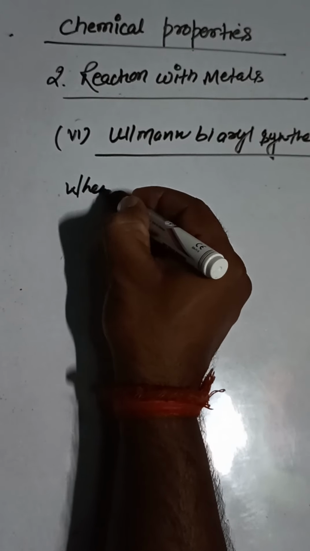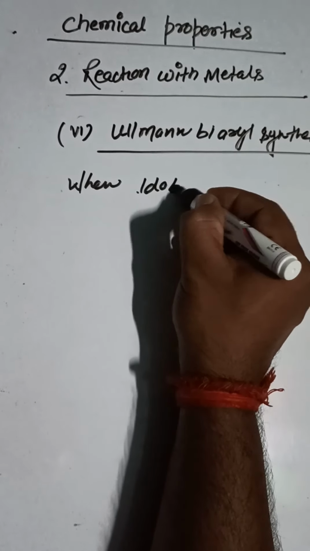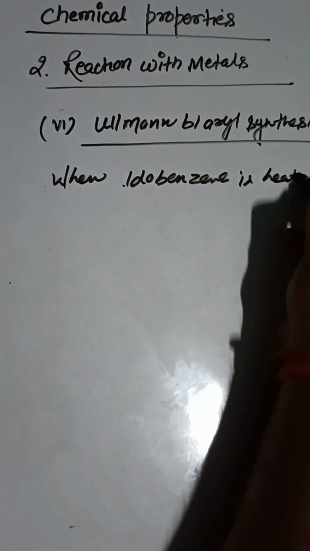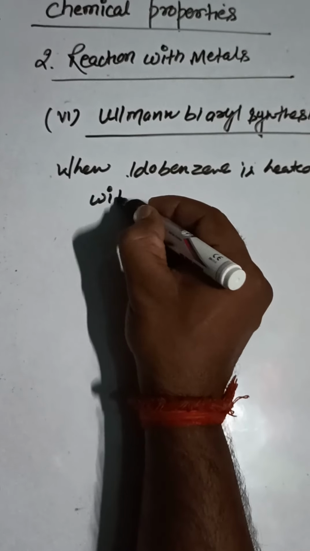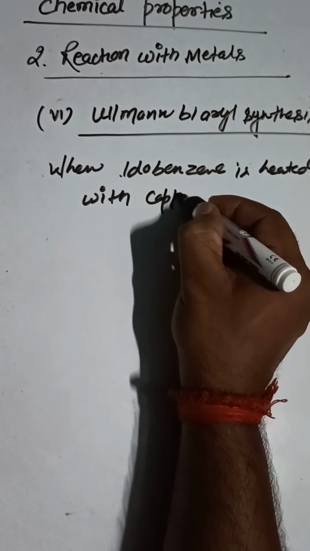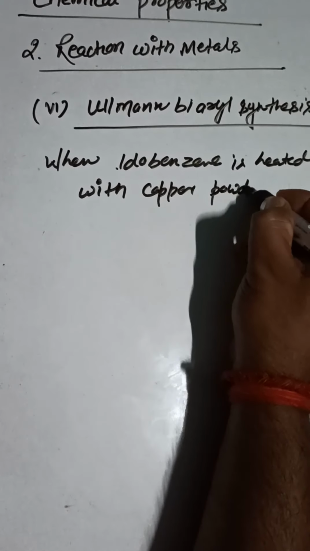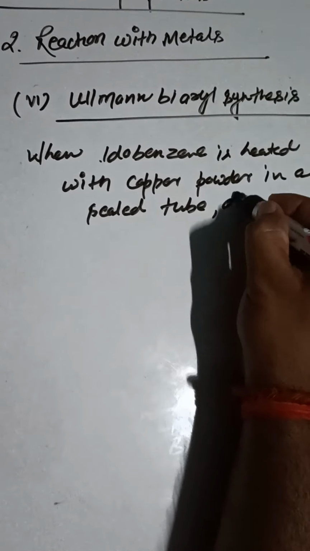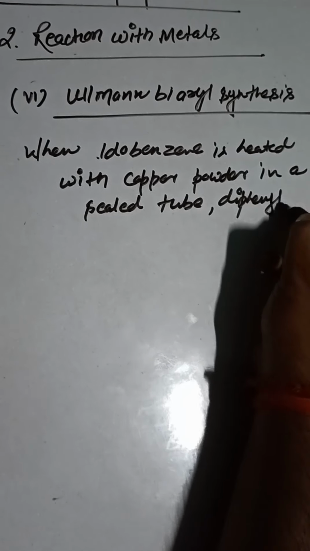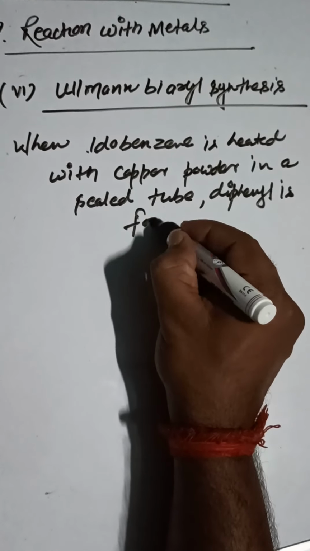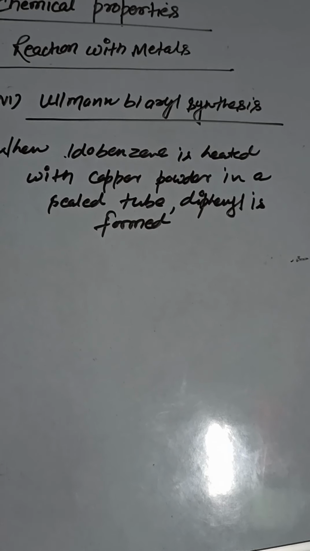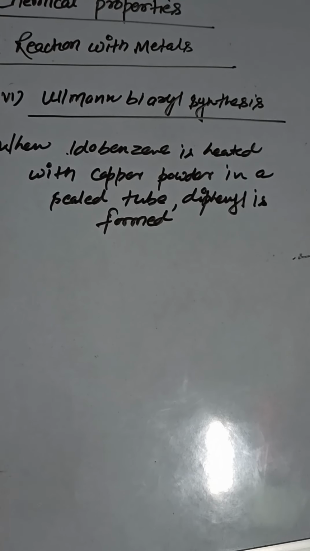In this case, when iodobenzene is heated with copper powder in a sealed tube, diphenyl is formed. So in this reaction, when iodobenzene is heated with copper powder in a sealed tube, diphenyl or biphenyl is formed.